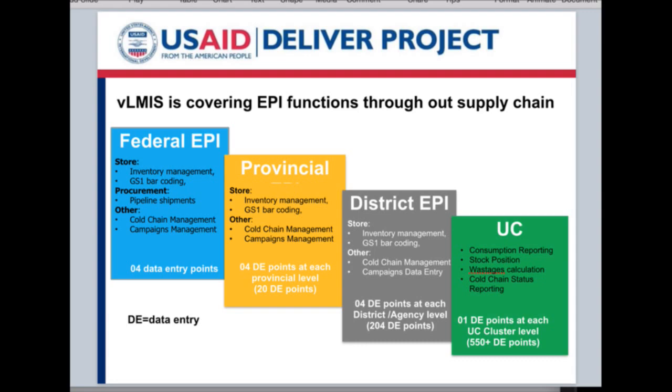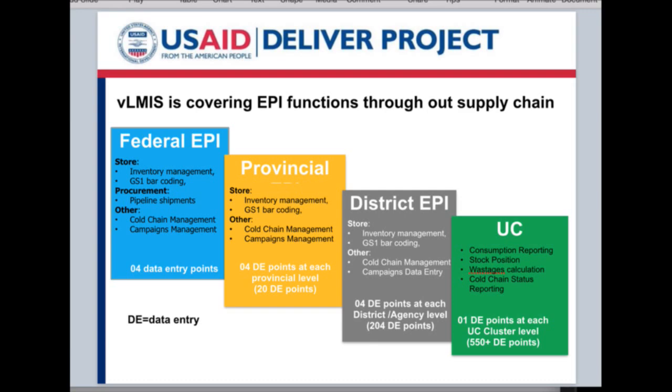At the UC level, you can see how the wastages are calculated from the data given by the vaccinators. Normally, in our data collection tool, there is no indicator like wastage. It is calculated through other indicators like vaccinations versus open vials. vLMIS is very simple in that it is getting the data.